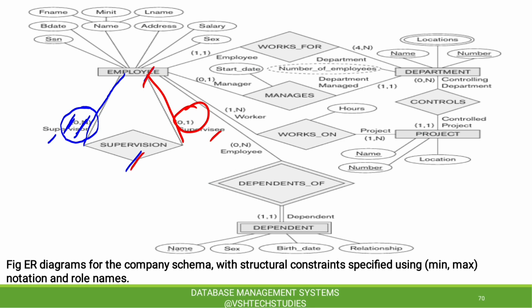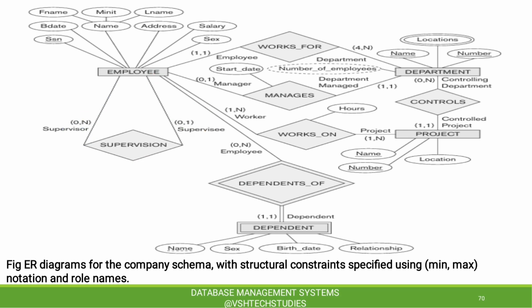So this minimum number 0 indicates that if an employee is being supervised, to the minimum he can be supervised by 0 number of employees, means he is not being supervised at all. If at all he is being supervised, to the maximum he is being supervised by one employee. That is the meaning of this.